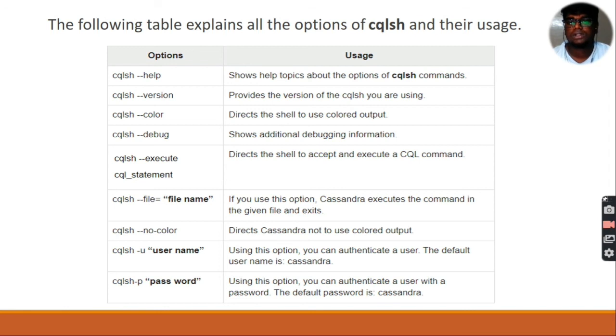First, the help option shows help topics about the options of CQLSH commands. If you don't know the version, you can use the version option and it will show the version, and then the color, debug and statement options. Okay, we will move on to the next page.